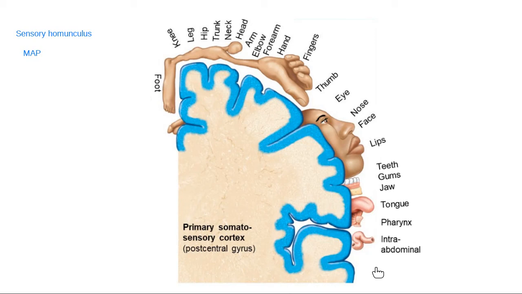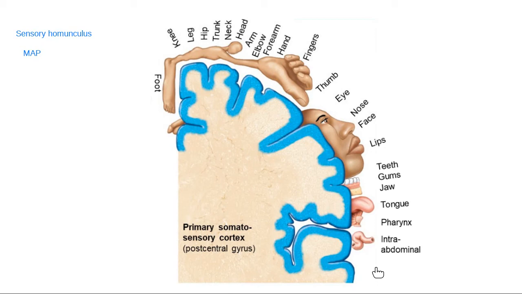In other words, are the biggest parts of your body the biggest on this map? Only a couple of us have a vote. Yeah, so the biggest parts on your body are not the biggest parts on this map.